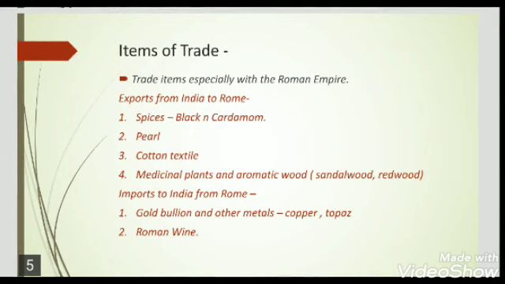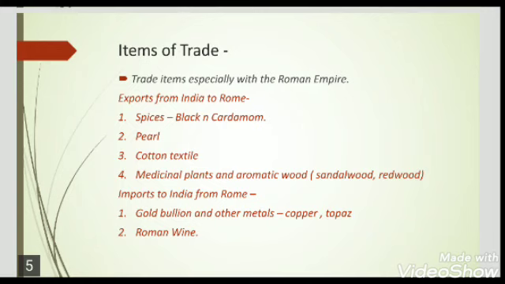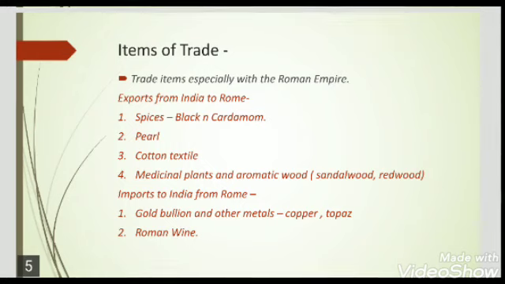The Roman wine that they produced, remember in 11th standard you spoke about wines being transported in special vessels, was also imported to India. So you have gold, you have wine, and various other metals such as topaz, copper or tin were also traded with India. So this is the list.